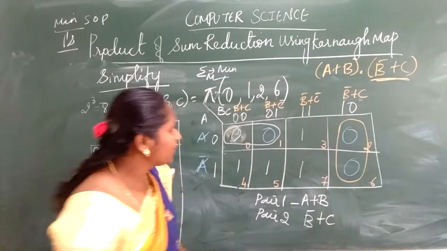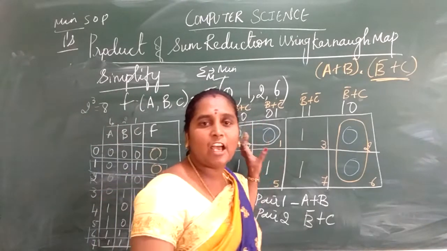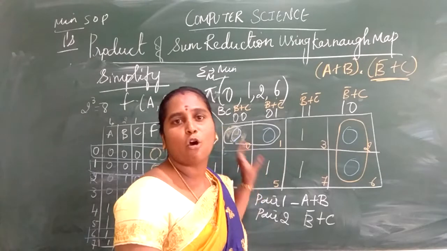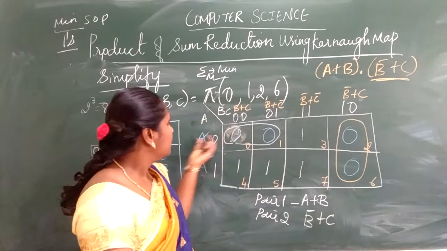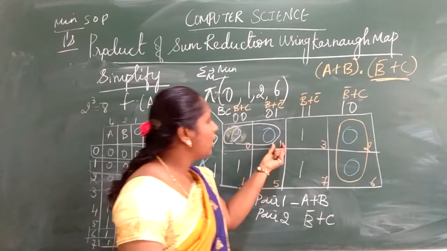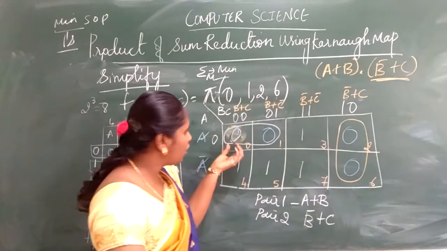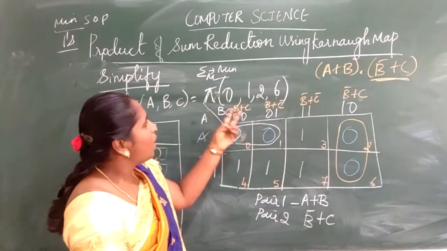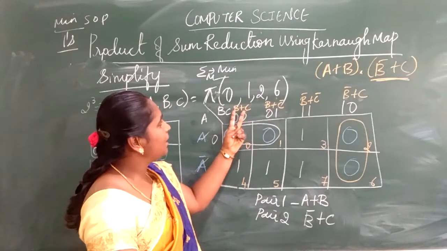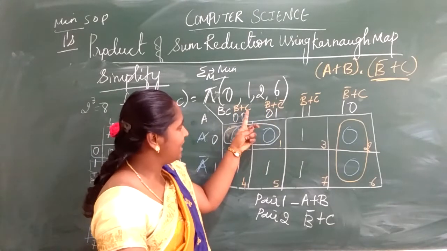Once again explaining. After encircling the adjacent zeros, you find whether an octet, quads or pairs are present. There is no octet and no quads, so we go for pairs. One pair is M0, M1. Another pair is M2, M6. For the expression of M0 and M1, A as it is you keep. Only C changes, C to C bar, so C gets cancelled.